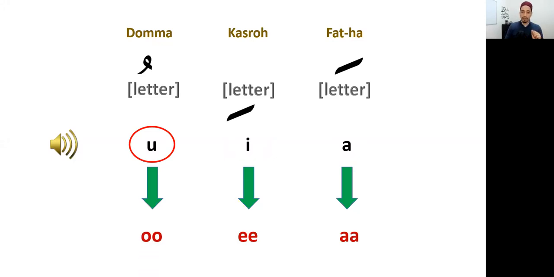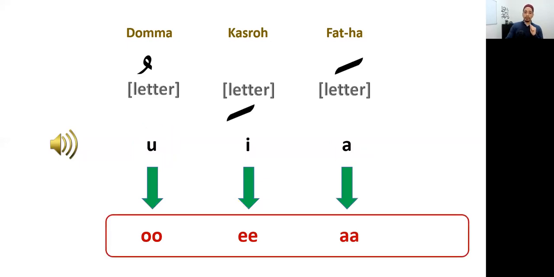That's in terms of sound. Very simple. Now, what we want to do is discuss these one by one. So these over here, the a and the e and the u, are all the long vowels or the mad in the Arabic.